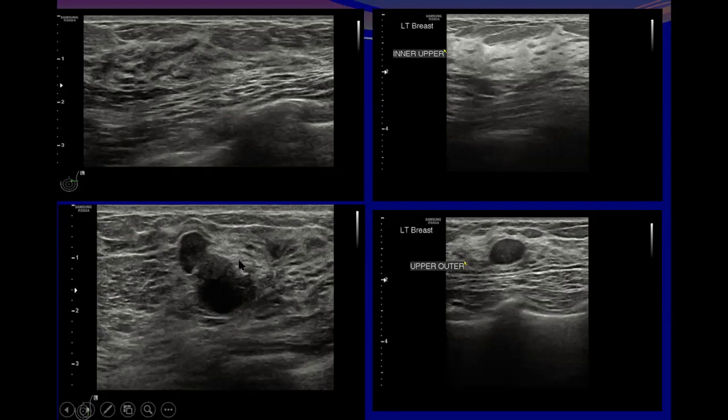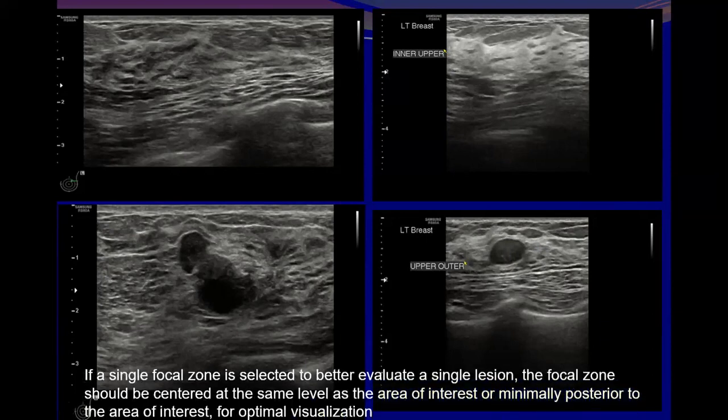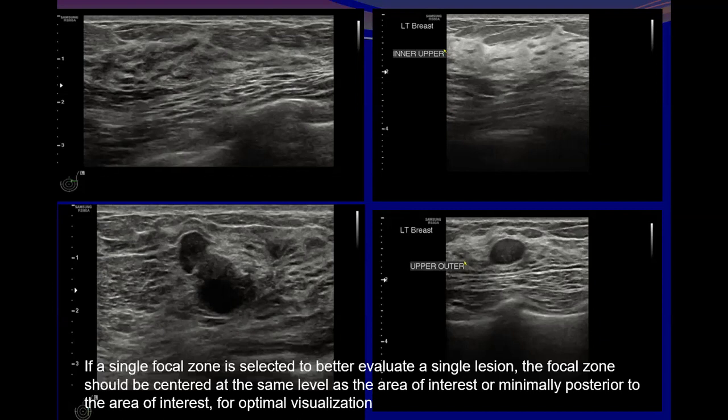And we could see them well because the same focal zone came at the center of the lesions. And for these lesions, because the breast is thin and slightly behind the lesions, the image is also good and we could visualize the lesion well.